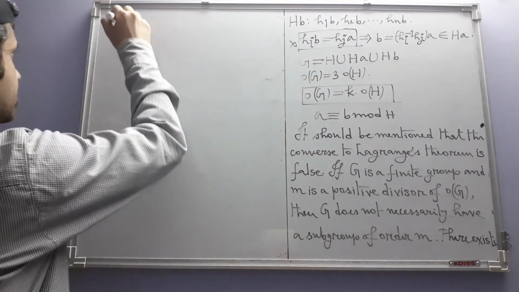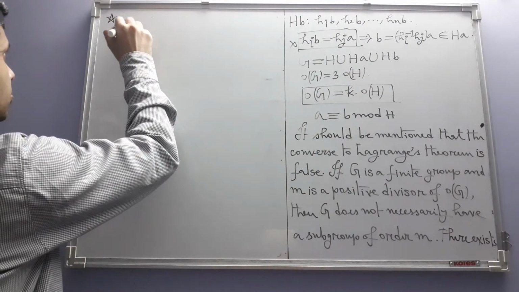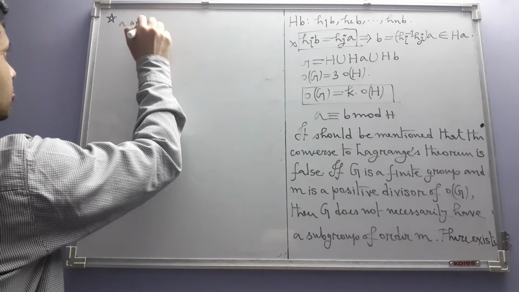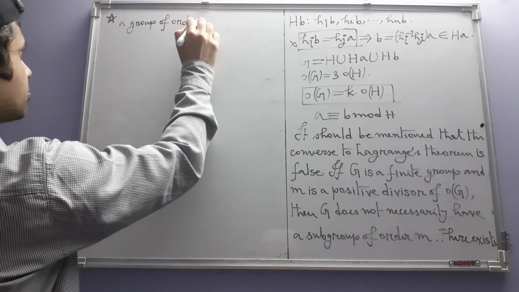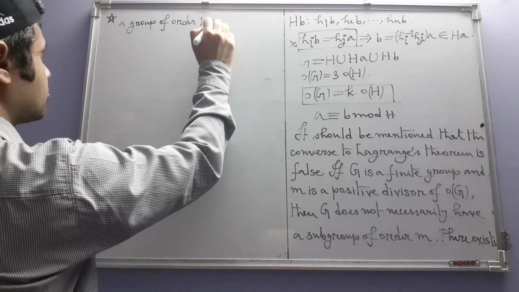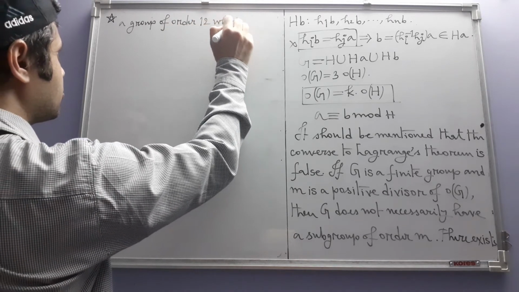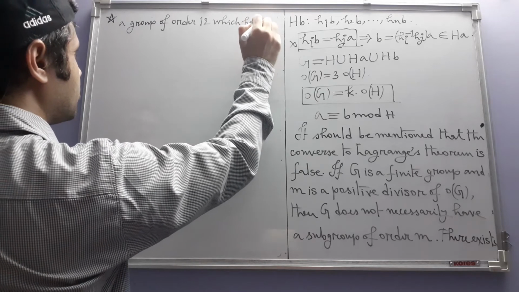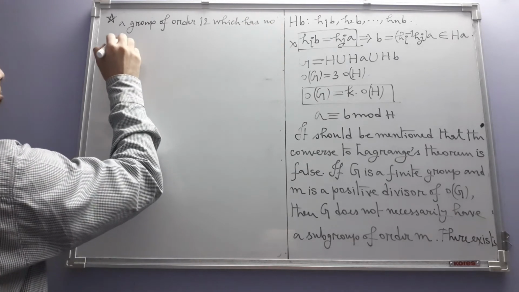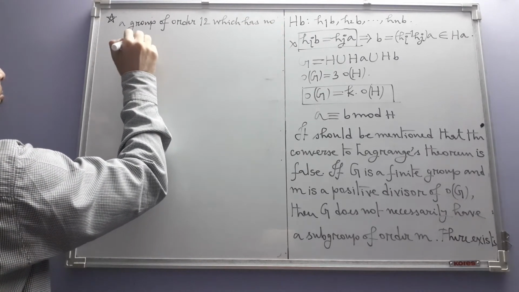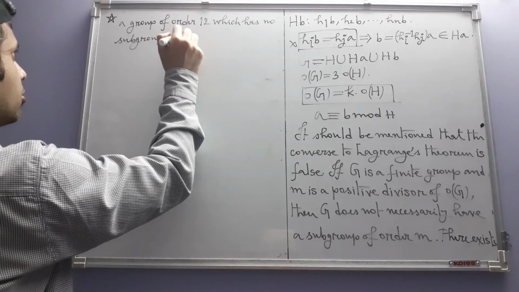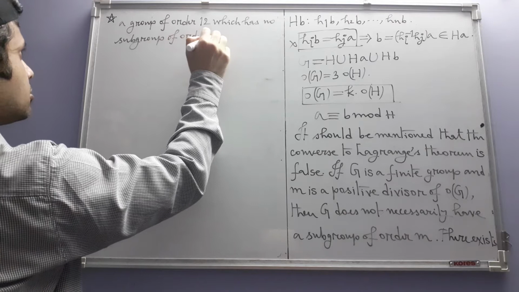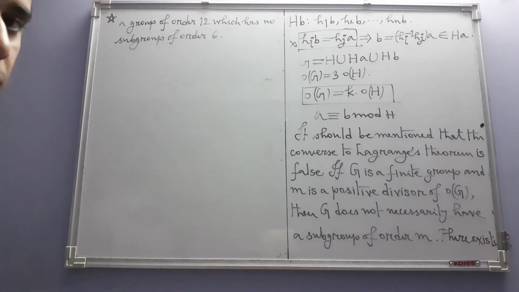There exists a group of order 12 which has no subgroup of order 6, although 6 divides 12.